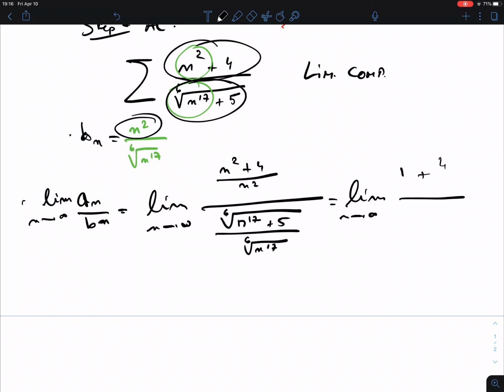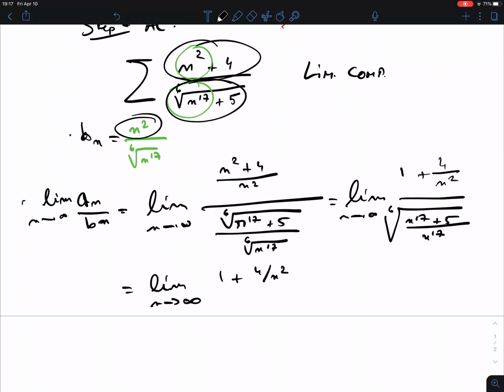You get 1 over n squared, and in the bottom I get the 6th root of n to the power 17 plus 5 divided by n to the 17th. So one more time, limit for n going to infinity: 1 plus 4 over n squared on top, and in the bottom I have the 6th root of 1 plus 5 over n to the 17th.